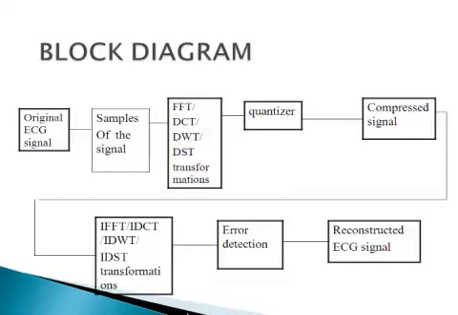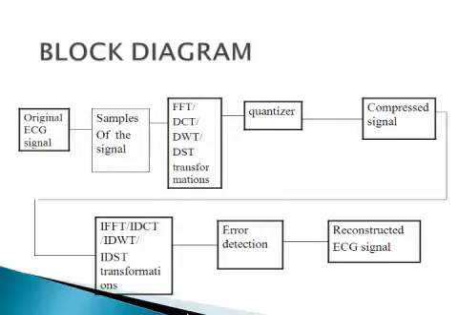The output of the quantizer is given to the inverse transformation techniques such as IFFT, IDCT, IDWT and IDST, which is a compressed signal. The compressed signal which is given to the inverse transformation techniques allows us to create a signal which is similar to the original signal, that is also called the reconstructed signal.